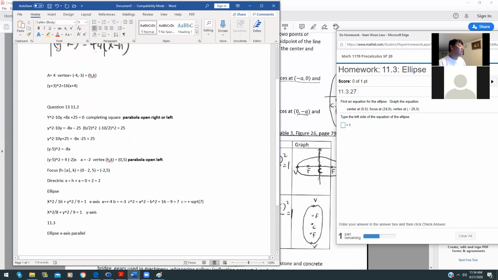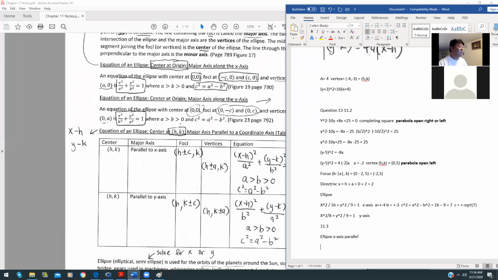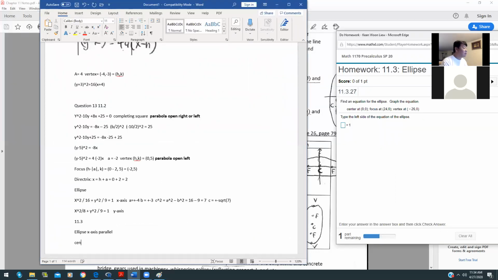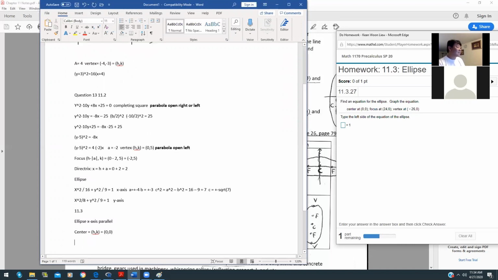Next thing you need to know is how do you figure out your A and B? Because if you look at this equation, it is given by H, K, A, B. What is H, K in this case? That is your center, which is given in the question as 0, 0.